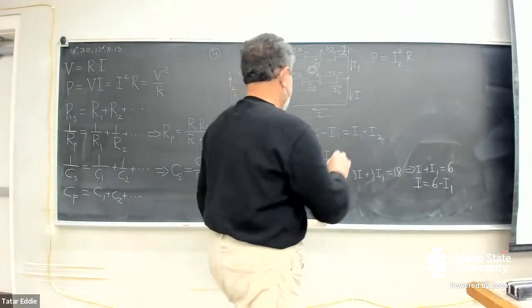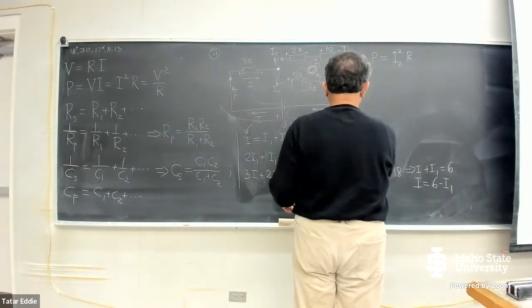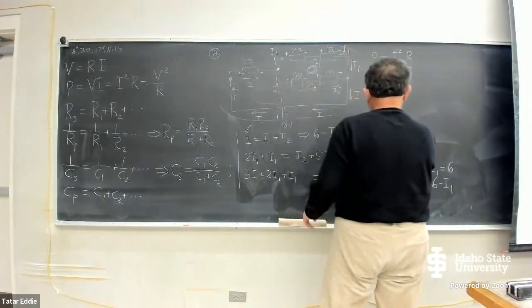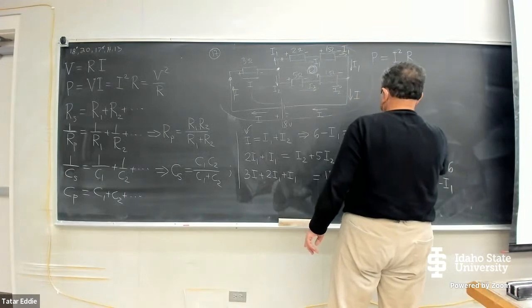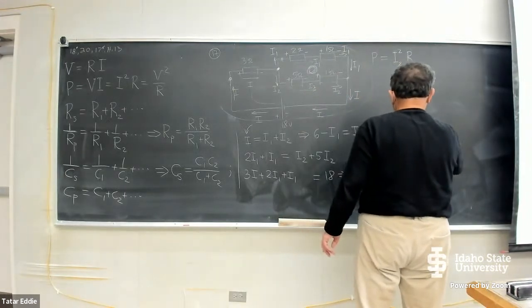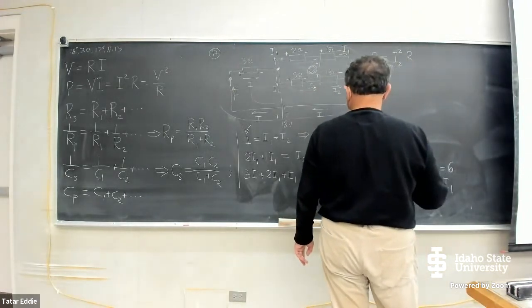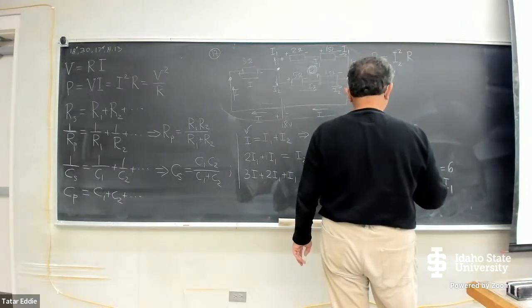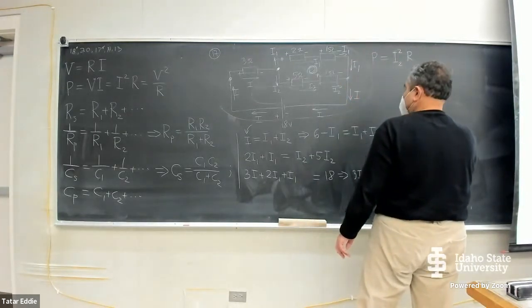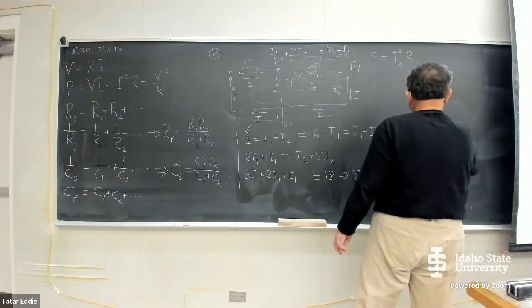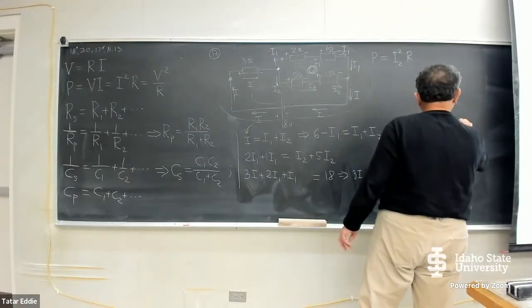Which means that if you rearrange this equation, you're going to get negative 2 times I1 is equal to I2 minus 6.